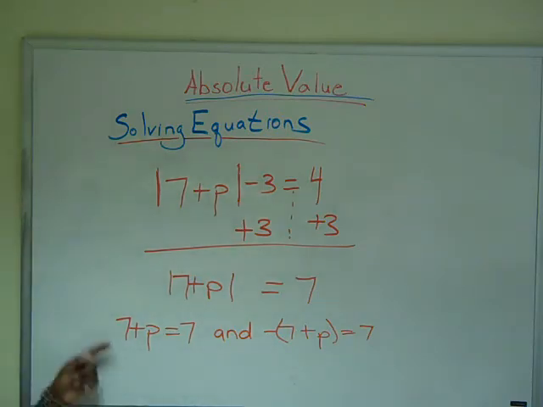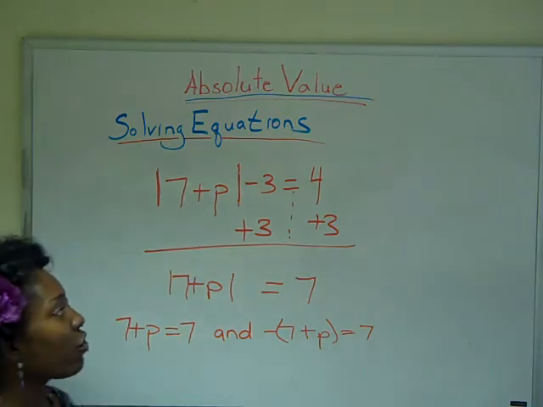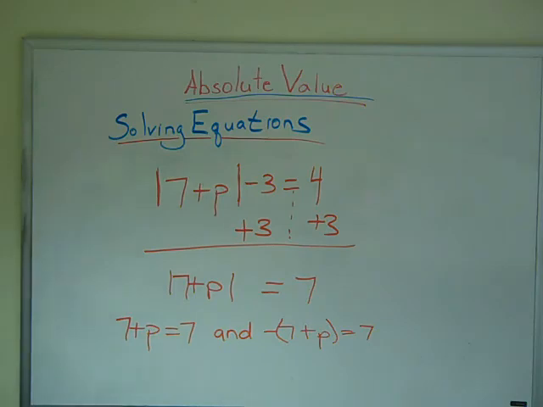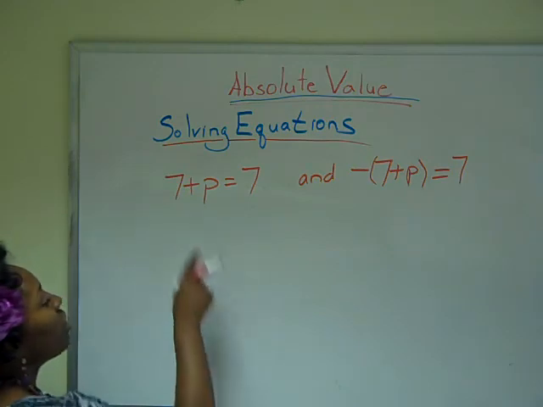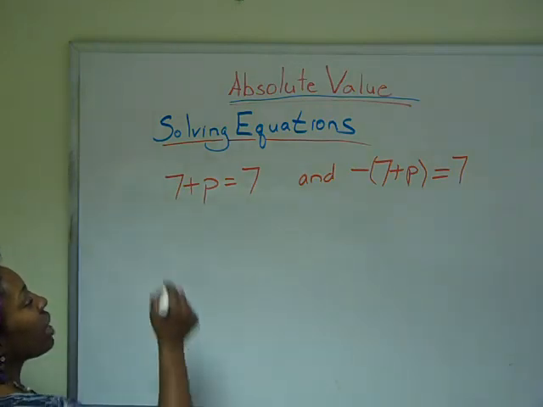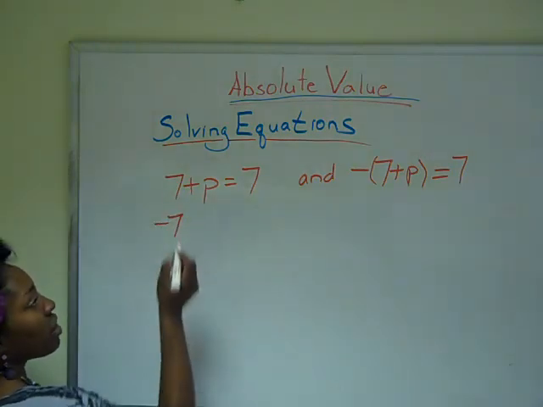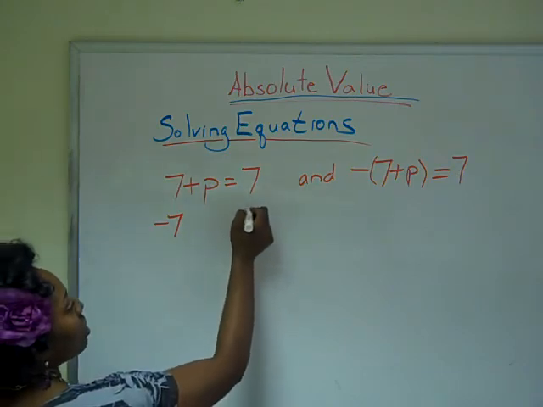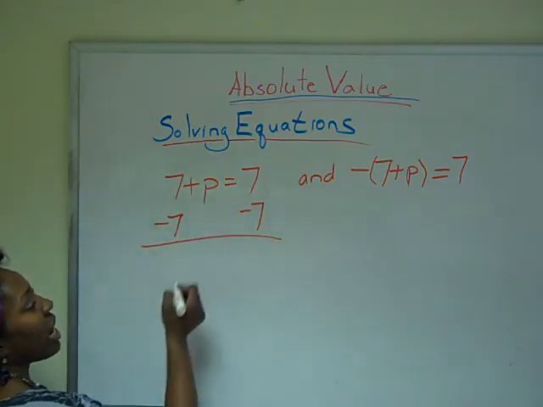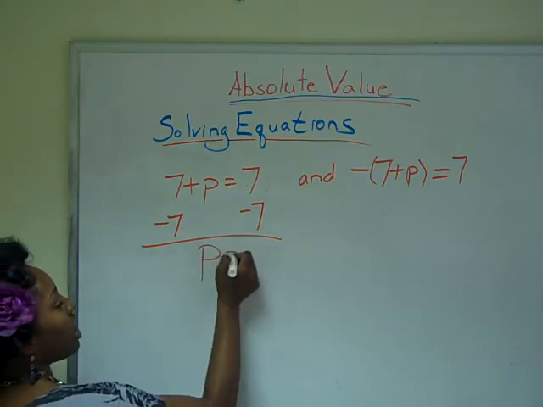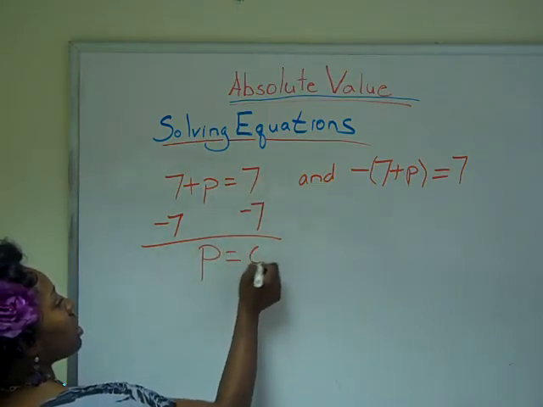Now we can solve each of these for p and get the solutions to our equation. Let's solve our first equation. First, we'll isolate p by subtracting 7 from both sides of our equation. 7 minus 7, we add down, p equals 0.